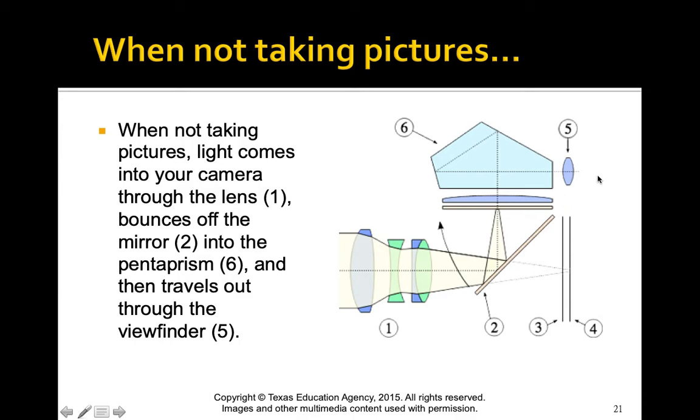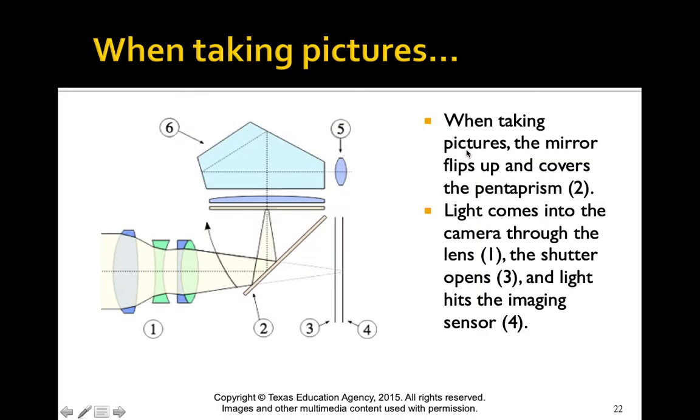See how the mirror is blocking the light from coming over here? That's just when I'm looking through, when I'm not taking a picture. But when I take a picture, watch what happens. This moves up.